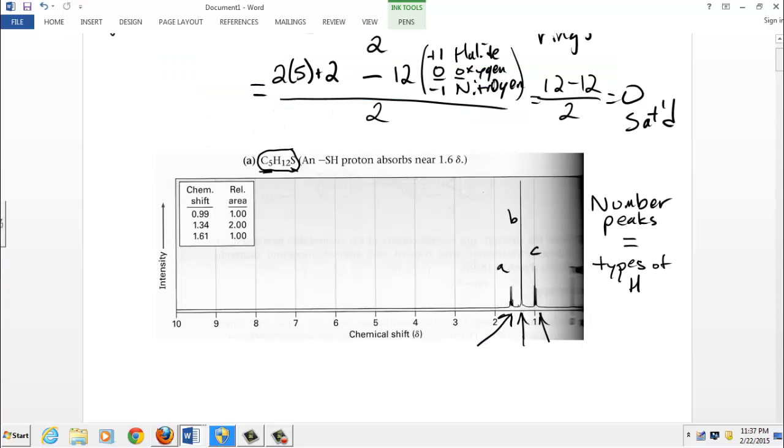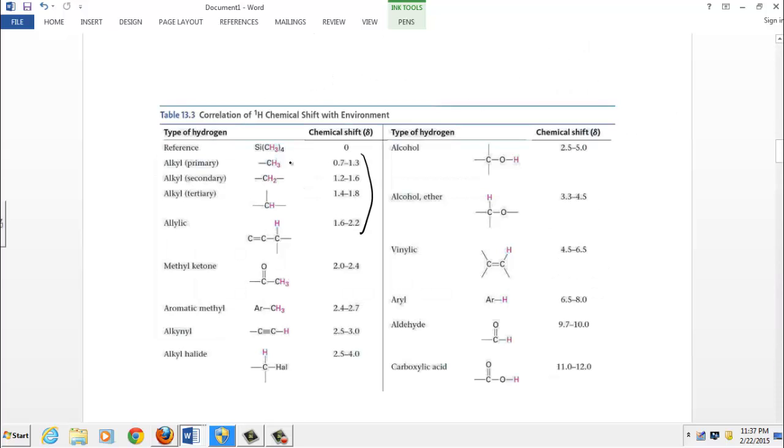So we have peaks around 1, 1.3, and 1.6. So maybe methyl or secondary or tertiary halides. Allylic, well, that's not possible here because that's a degree of unsaturation. There's a pi bond. Now, sulfur is not on this table, but again, we're going to consider it to be like oxygen. So here's oxygen, here's oxygen. Oh, I missed this one. Oxygen's over here, but there's a pi bond, so that's out.